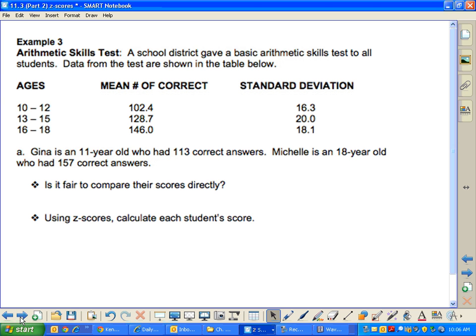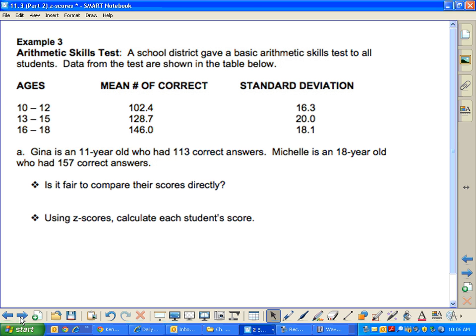I need to answer the first bullet for me. Is it fair to compare their scores directly? In other words, is Michelle automatically, just mathematically, more talented because she got 157, but Gina got 113? You're all shaking your heads. For the folks at home, what do you think? No, yeah, it's not fair.